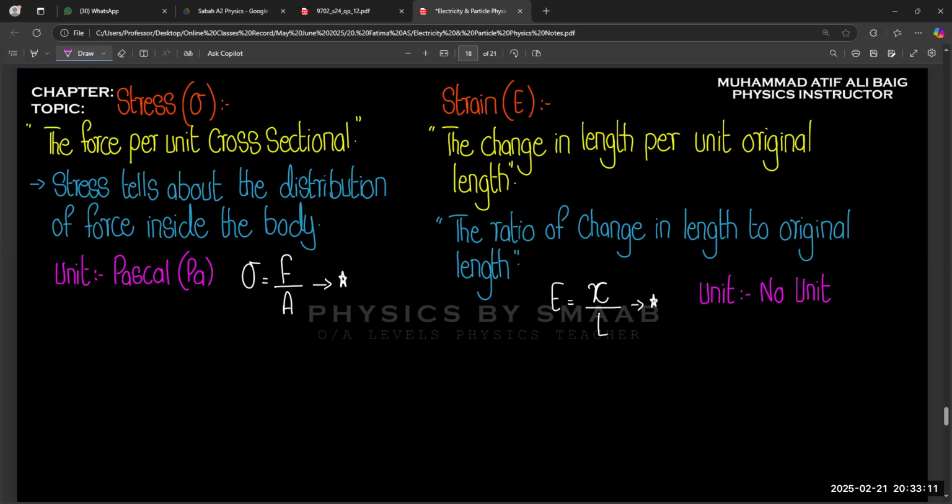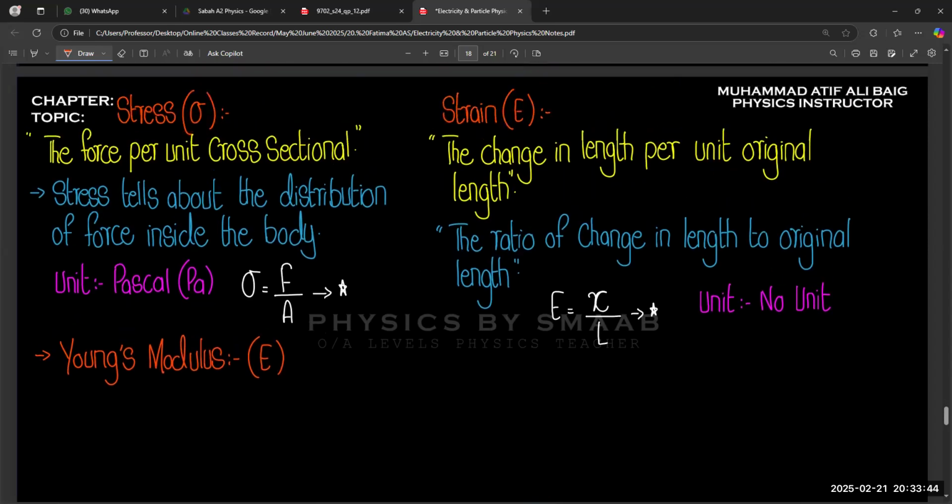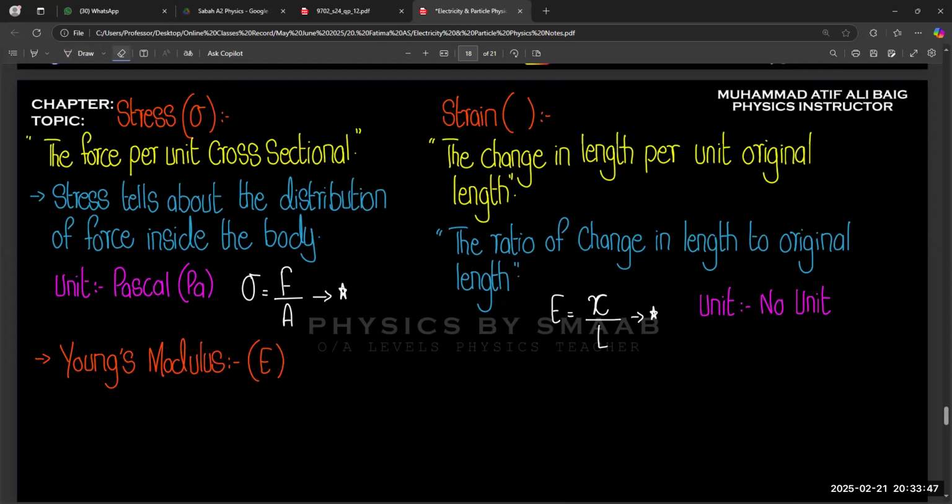And now the concept of Young modulus is very simple. In Young modulus we need to talk about the ratio of stress and strain. So Young's modulus, or we can represent Young modulus by symbol E and strain with the epsilon symbol.